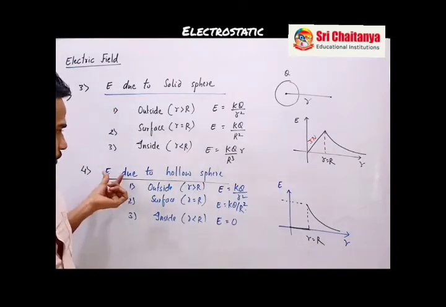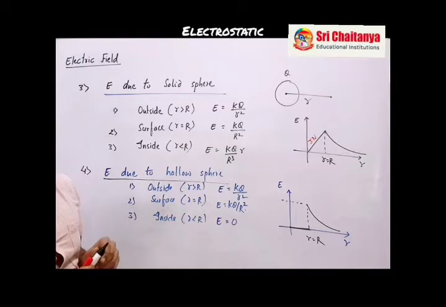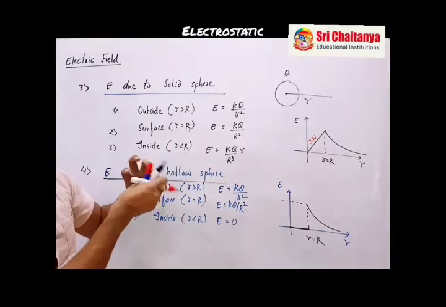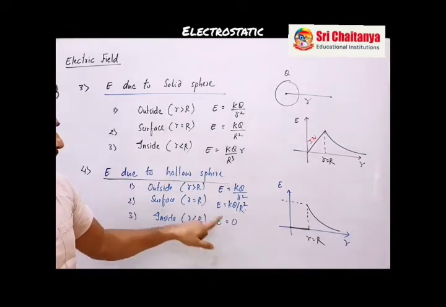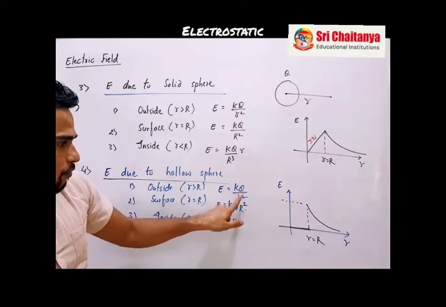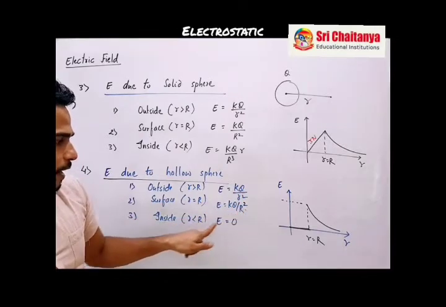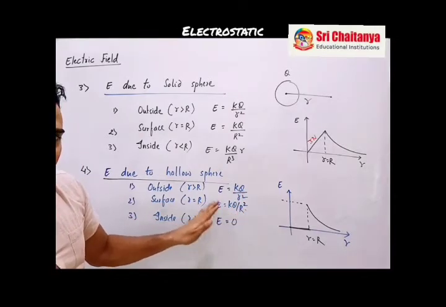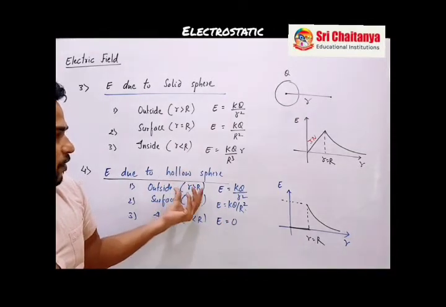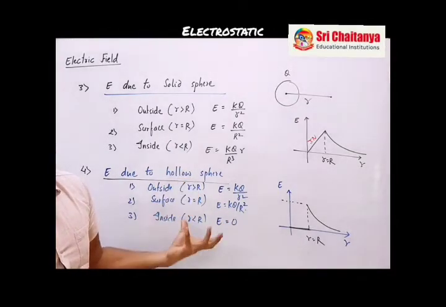Now let's talk about electric field due to a hollow sphere. The hollow sphere will be also the same outside, but inside a hollow sphere no charge will be there, so no field will be there. Outside the same variation, kq upon r square, at the surface again kq upon R square, but inside the electric field will be 0 by Gauss law. Since it is a hollow sphere, nothing is present inside.